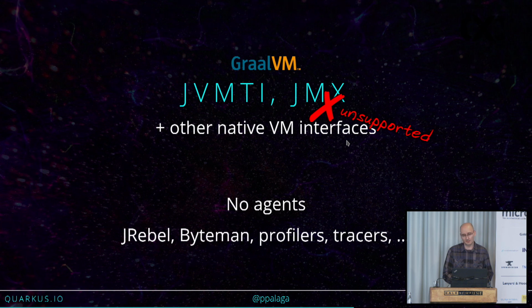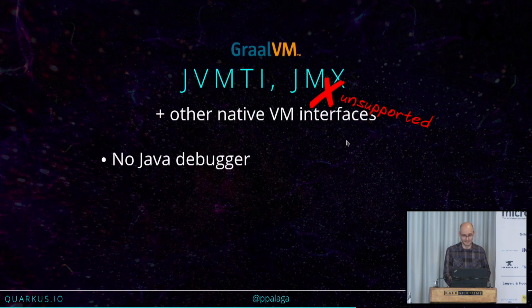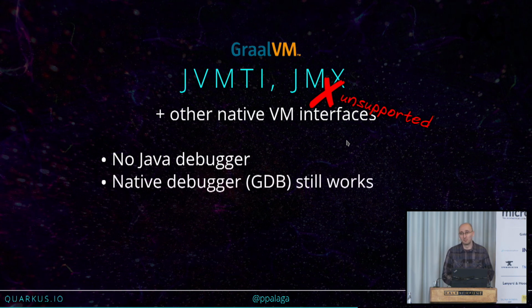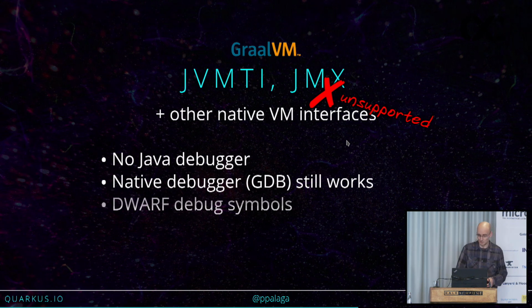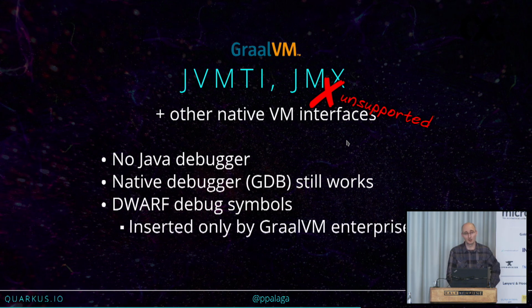And because it's a native executable at runtime, there's no bytecode. There's no Java debugger. But there's still the native debugger that works, but you have to pay for the GraalVM Enterprise if you want to step through your Java code.